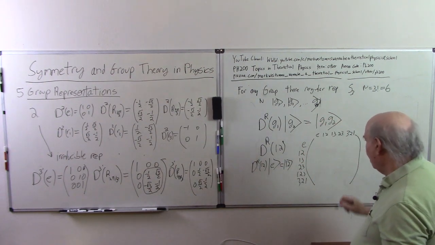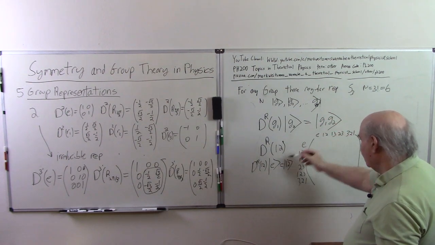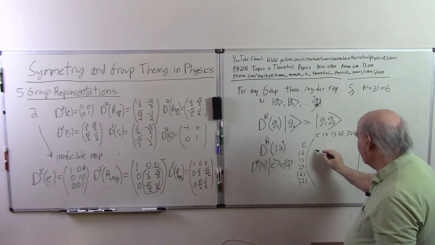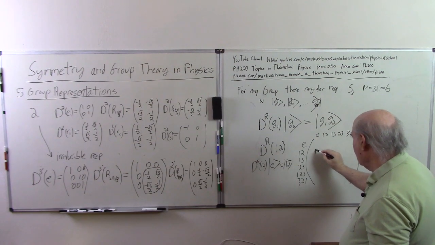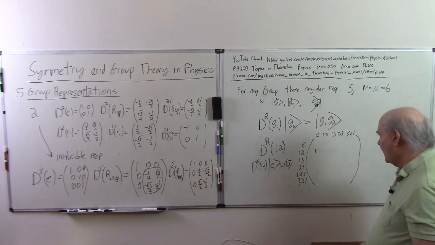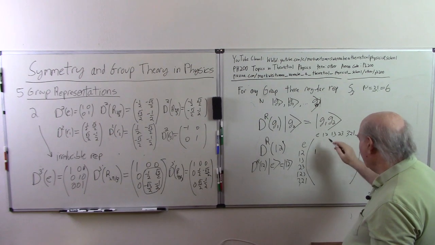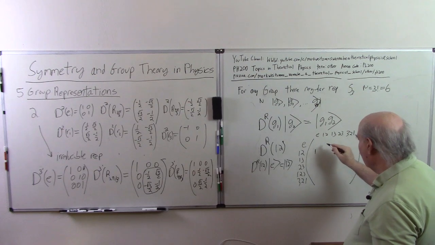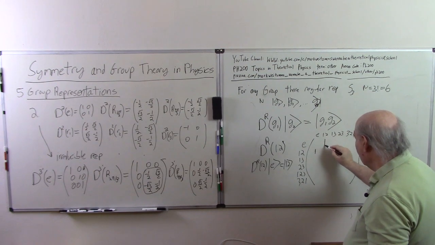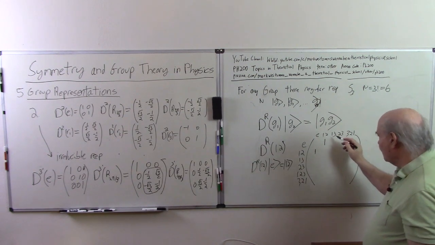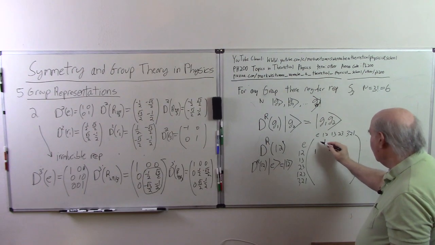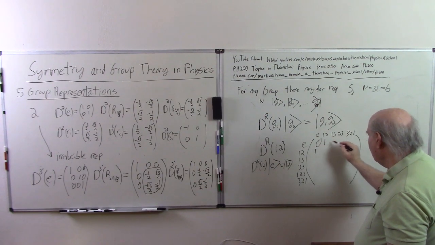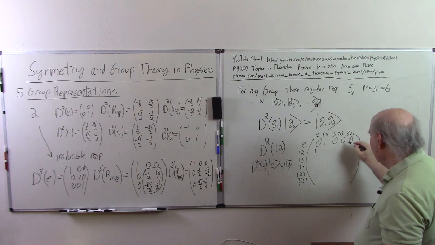So that means the identity is mapped to (1 2), so there's a 1 here. And if we take the (1 2) element, where does that get mapped? (1 2) goes to E, so that would be 1 here. And everything else here is all going to be zeros.